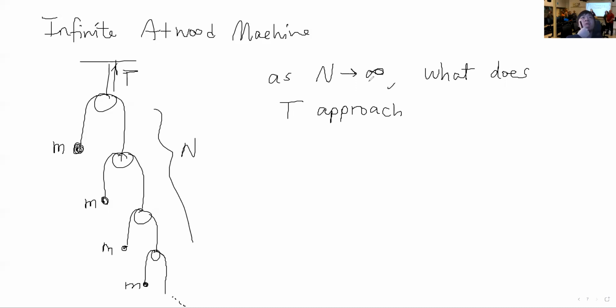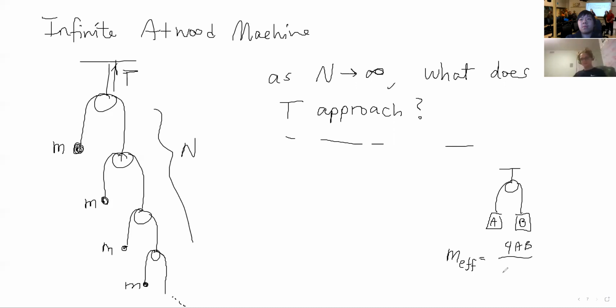As the number of layers of Atwood machines approaches infinity, what does T approach? Just as a reminder, I'm going to put this on this side. Take a couple minutes, try to think of some ideas. What are you even supposed to do here when it becomes infinite?